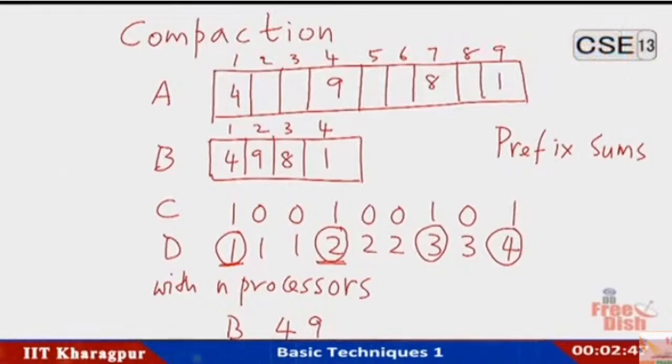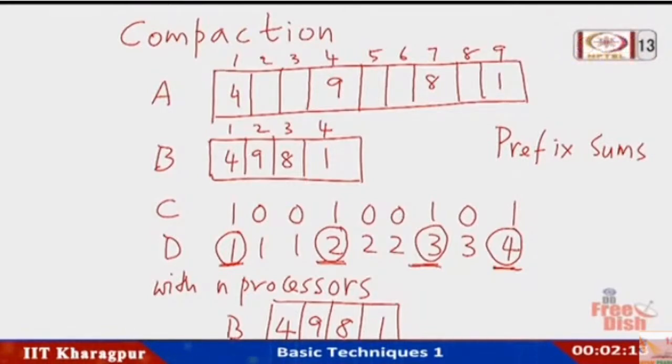The processor which is at the 7th position, namely this, takes the corresponding element, which is 8, and copies it into the 3rd position. And the processor which occupies the 9th position will take the corresponding element, namely 1, and copy it into the 4th position of array B. Now you find that array B contains the elements as we desired.